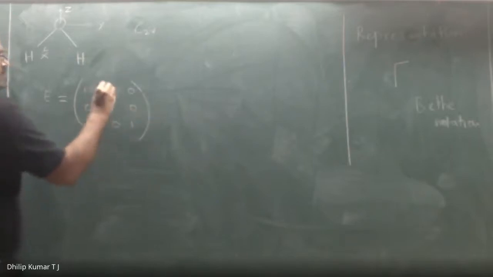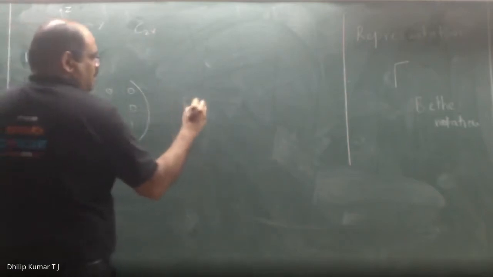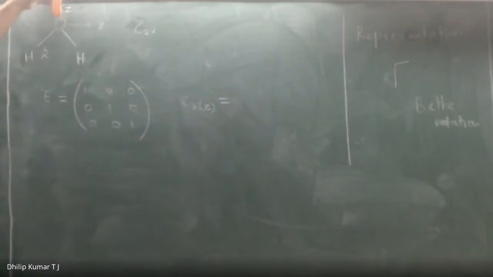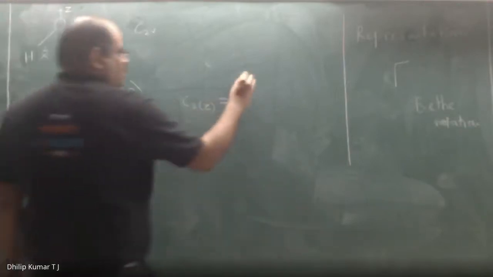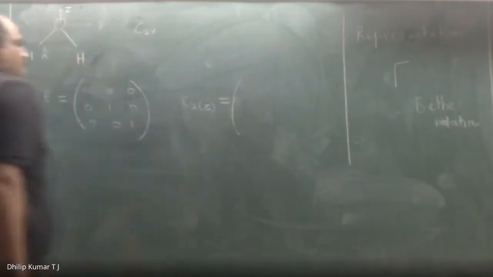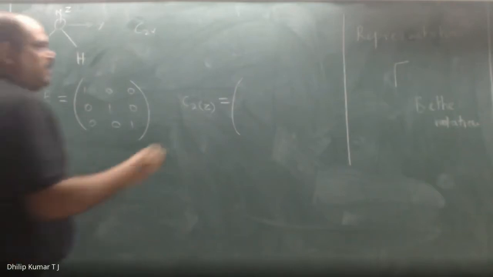So this is simple. Okay, and I write for C2 of z. Z is towards the top, so I'm going to rotate 180 degrees. So these have to be interchanged. To perform the various operations, if I rotate it by C2, x will go to minus x.